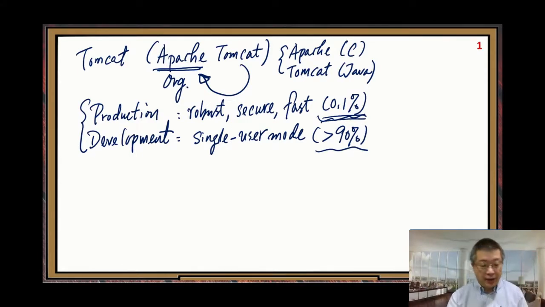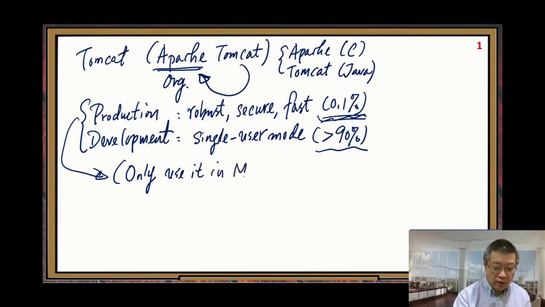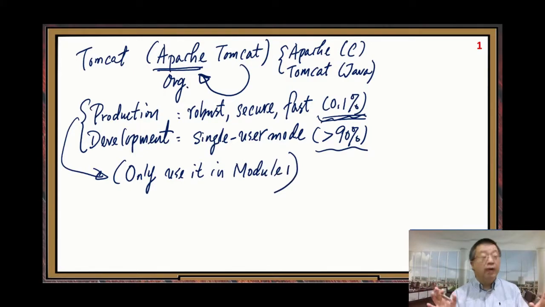Later I will do that, but the way we do it is for the production version. We only use the production version in this module 1. That means after module 1, we will never use the production way anymore.